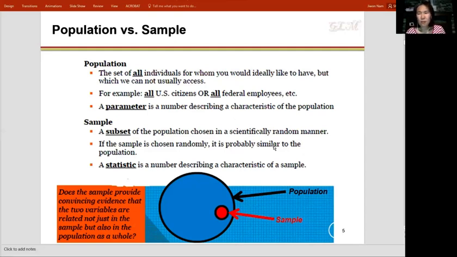Even if we use census data, we still have a sample from the census data. A sample is a subset of the population. If the sample is chosen randomly, it is probably similar to the population. A statistic is a number describing a characteristic of a sample. So this sample belongs to the population.